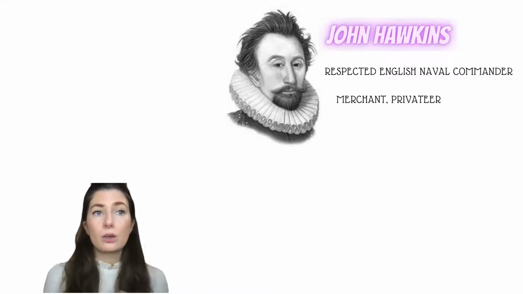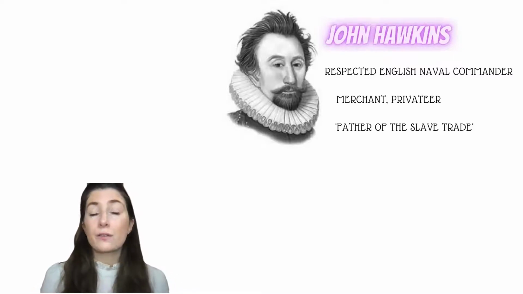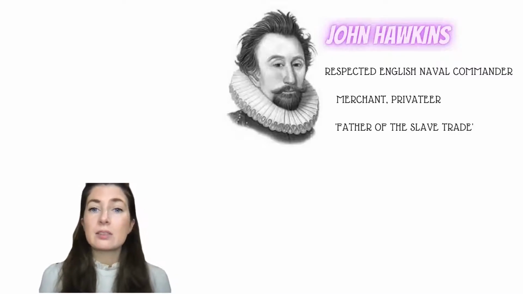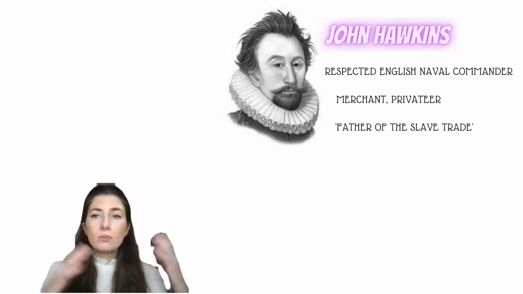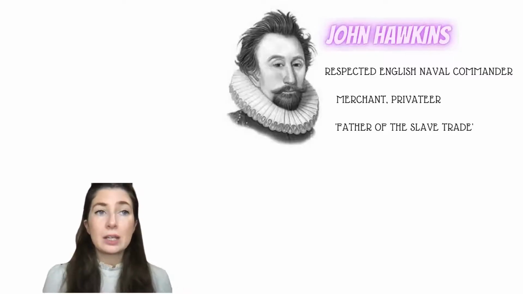Now, we also recognize the darker side of his past, and he has been known as the father of the slave trade. He was the first Englishman to deal in slaves after permission from Elizabeth I. So he did a lot in his lifetime. He was quite significant for changing English trade abroad, particularly through his links with the slave trade.